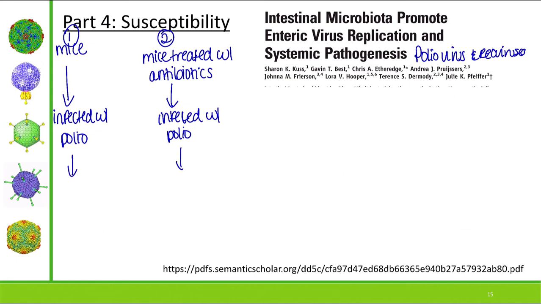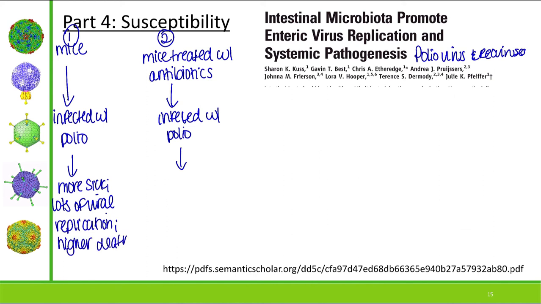All right, so what did they see after they infected them with polio? In the first group of mice, they saw that more were sick. They saw lots of viral replication, and they saw a higher death rate, about 2 times higher than that of the mice that were treated with antibiotics.